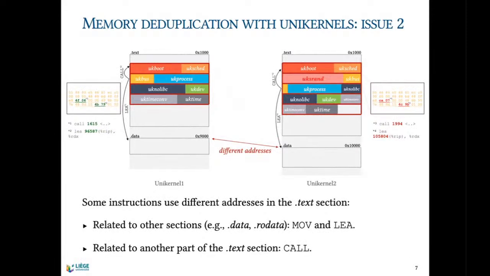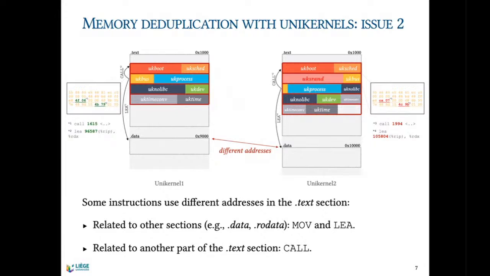Another issue concerns binary instructions. If we take the previous configuration and zoom in on the UK bus microlib code, we realize that some instructions are different. This is the case, for example, with the mov and lea instructions.